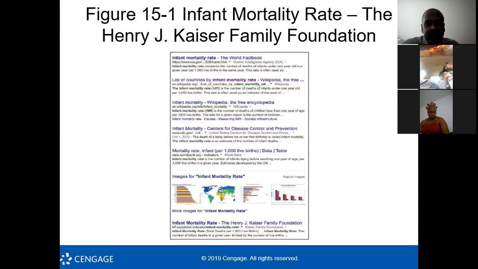So again, something like this here, right? Infant mortality rate, the Henry J. Kaiser Family Foundation. If there are organizations whose whole purpose is to look at things like infant mortality, they probably have done a little bit more research than the people saying that Democrats and Hollywood people are secretly killing babies and working as pedophiles and stuff like that.